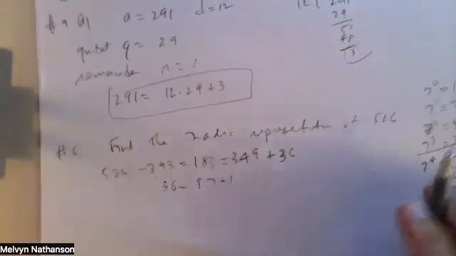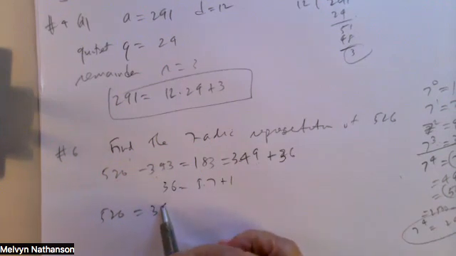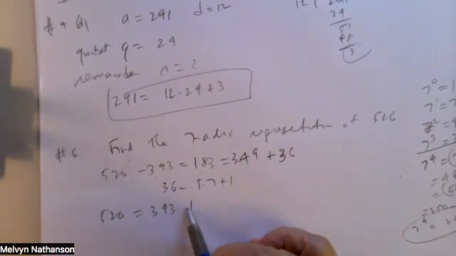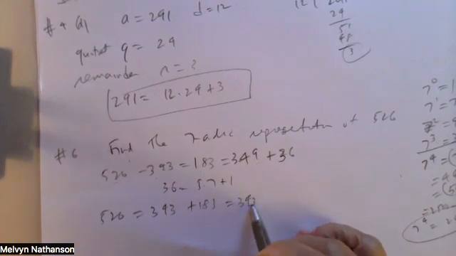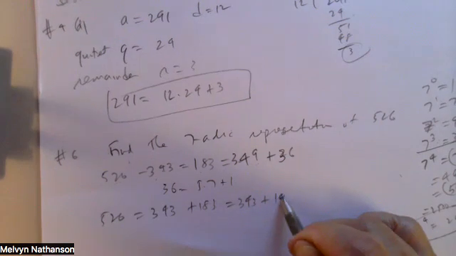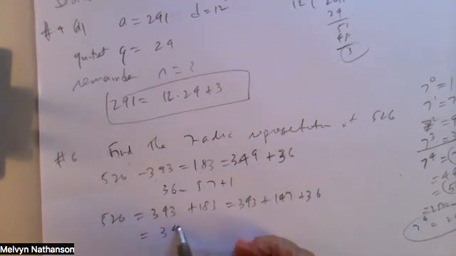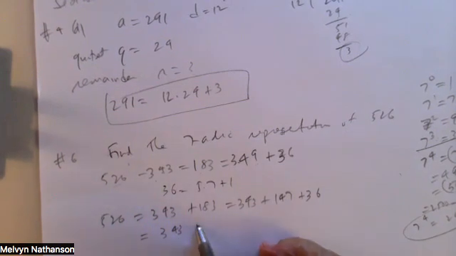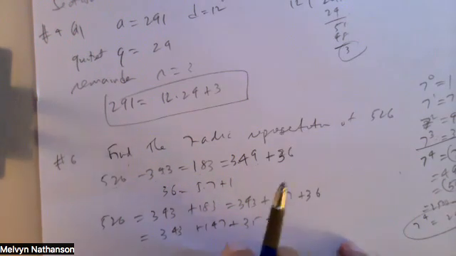So if you put this all together, 526 is 343 plus 183, which is 343 plus 3 times 49, 147, plus 36. This is 343 plus 147 plus 35 plus 1.